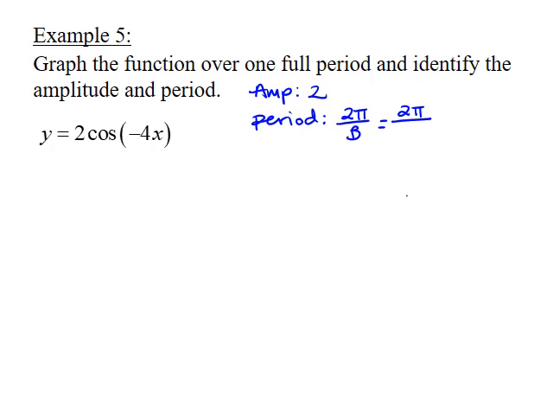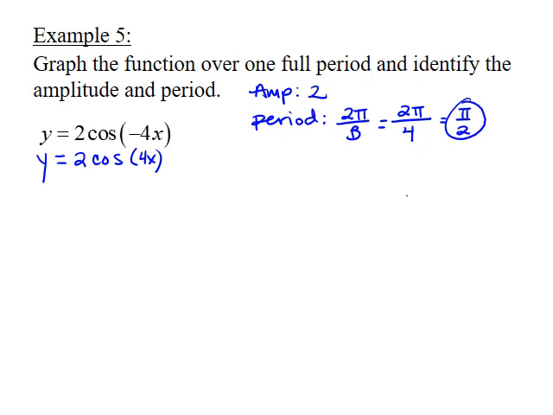Because this here is an even function, these two are equal. So this input becomes positive here. We're going to divide by 4 in the period, and so the period is pi over 2. This means that one complete cycle will happen between 0 and pi over 2.